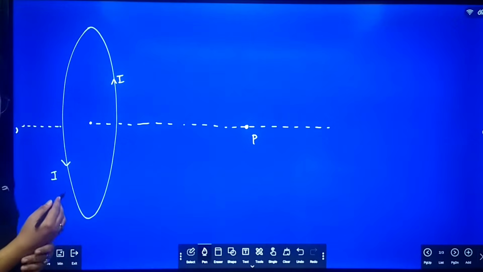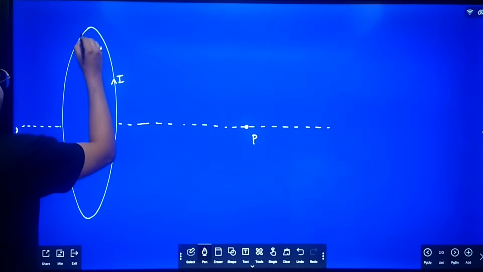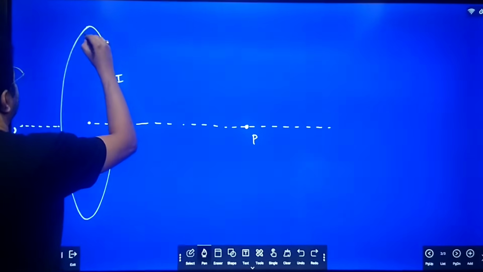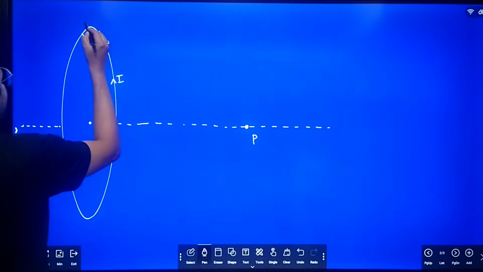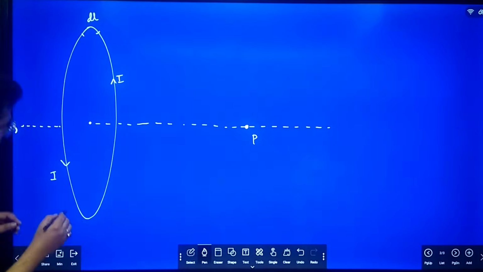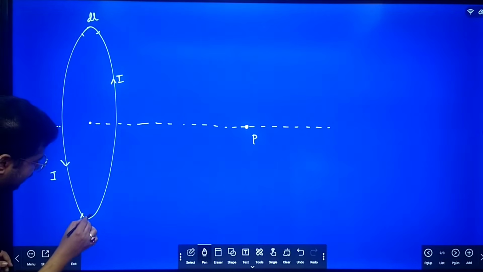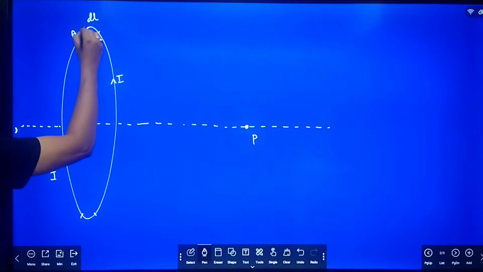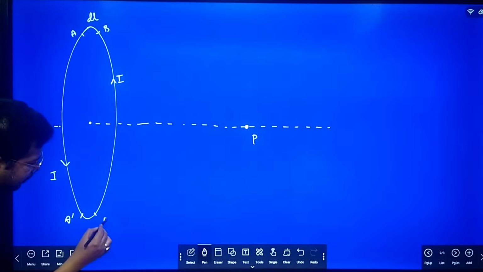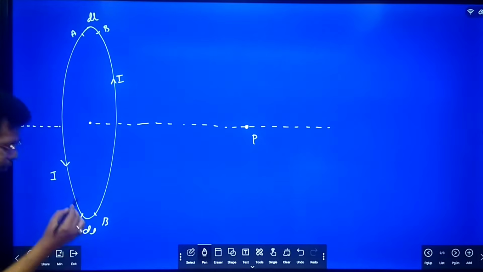If I have to use Biot-Savart law, I should consider a current element. Say this is one current element I have considered. Length of that current element, let it be dl. I will consider one more current element. Let us name them: this current element is AB and this one is A prime B prime. Length of this current element is also dl.